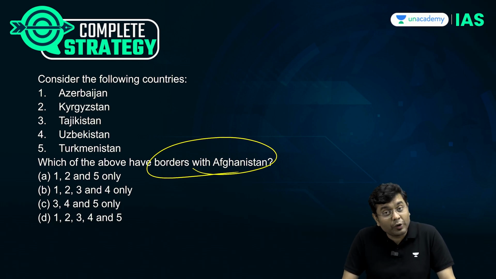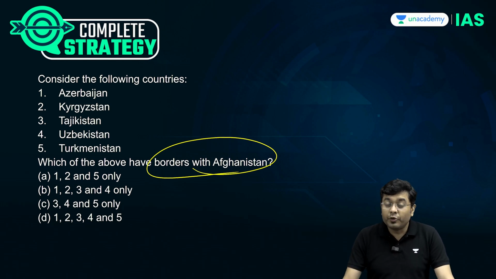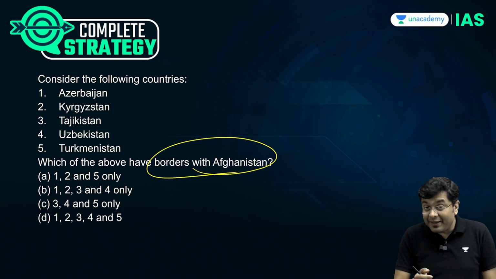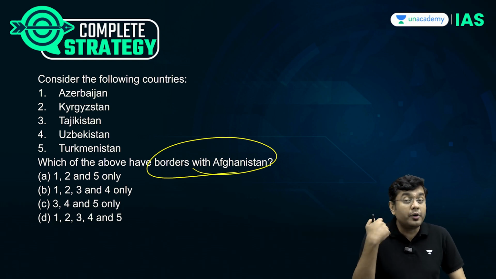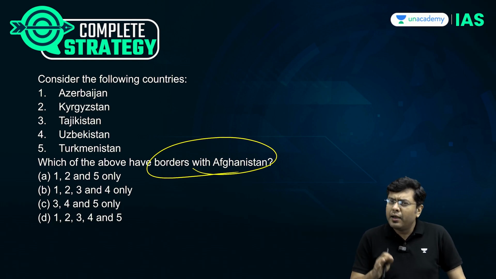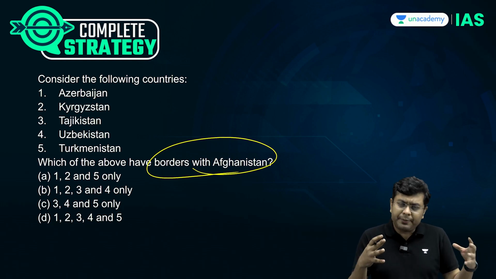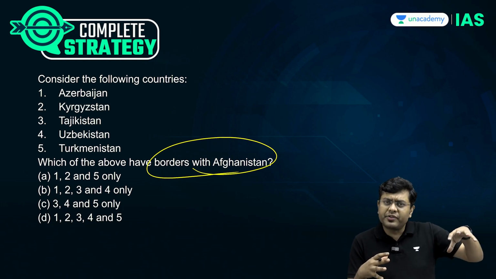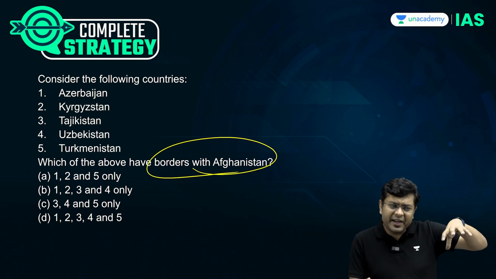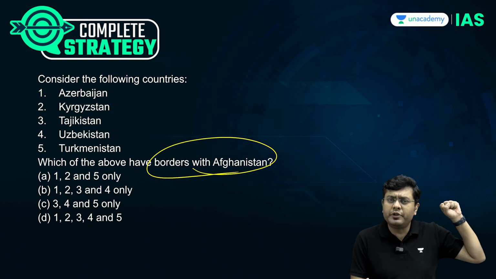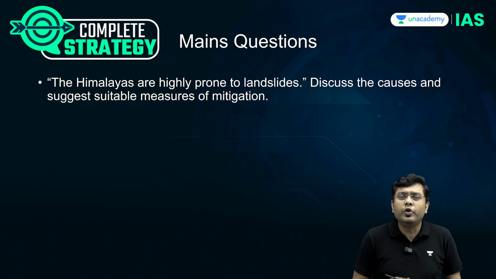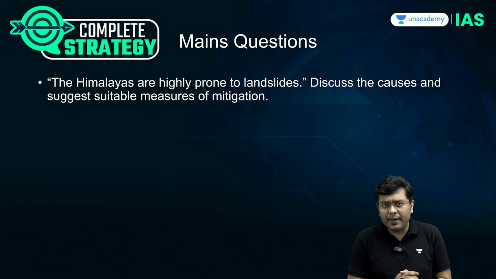Similarly, the islands of the South China Sea were asked. So, places in the news. In the year 2024, questions on the Red Sea were asked. Follow this approach. Once you develop the concepts, you are able to follow current affairs. Always understand that current affairs is nothing but a derivation of a portion of the static. That is going to help you in the mains paper as well.